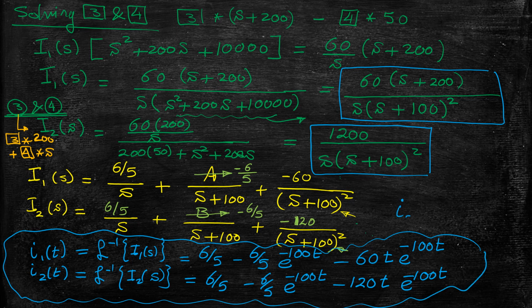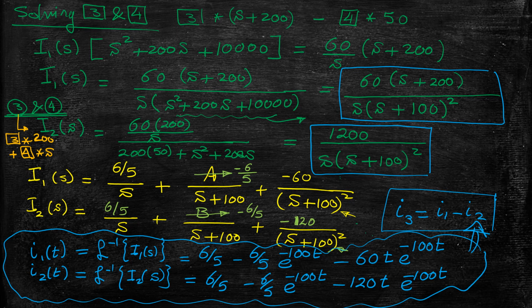If I need to get I3, from the KCL equation, it will be I1 minus I2. So I have both of them, so I can get the value of I3.